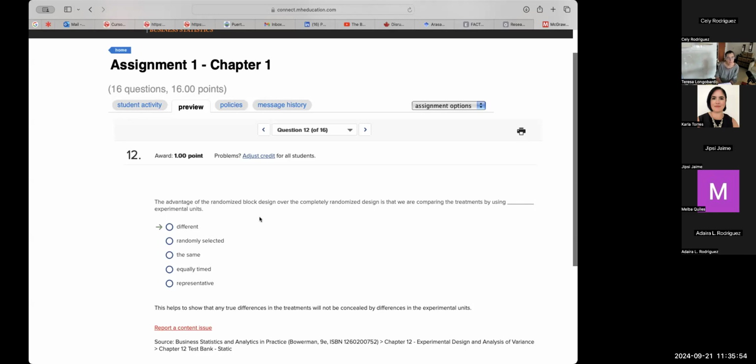To save money, and time, which is money still, we separate the groups by people who will react differently to the treatments that we're already aware of. So that's different. That should be the answer.